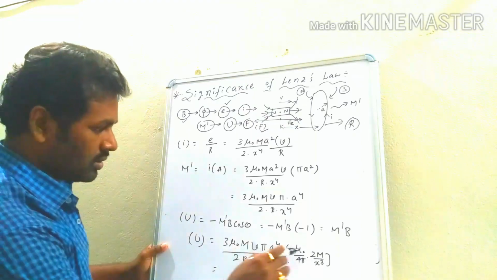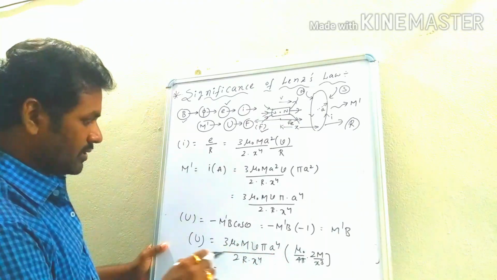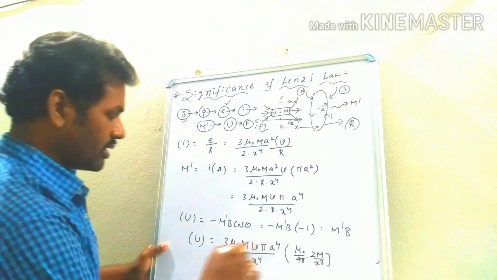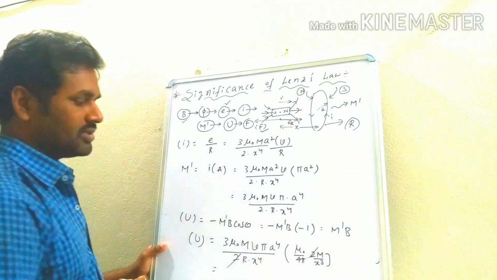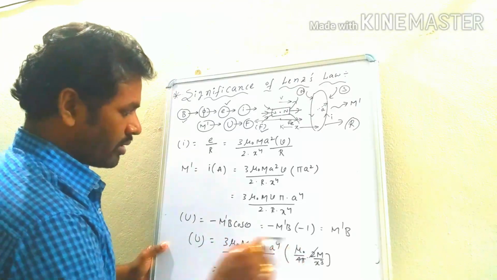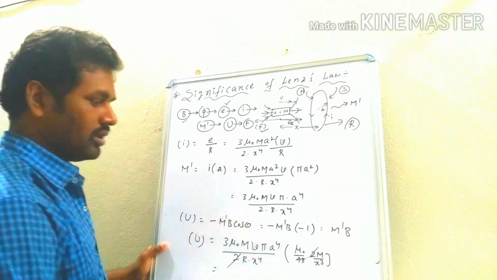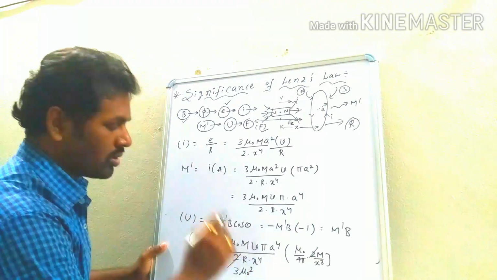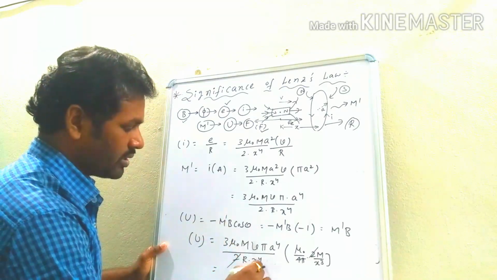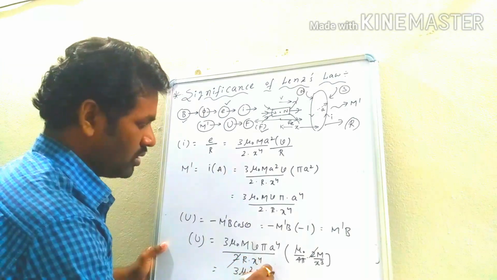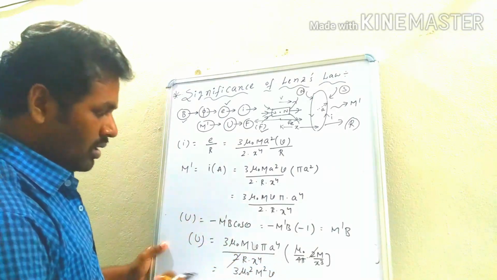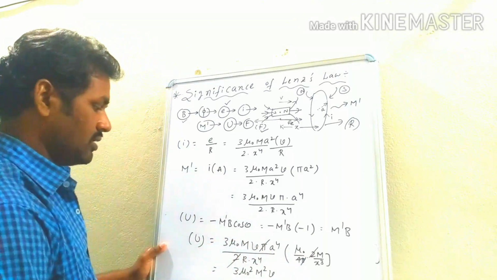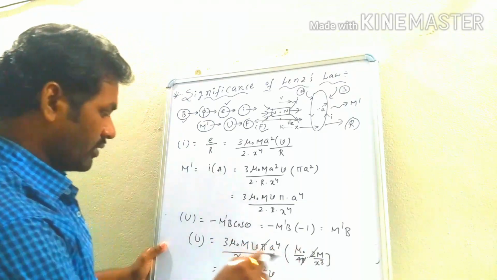You write here. So what I can take here, 3 2, 6, and 2 get cancelled here. 2 get cancelled, and m into m square, and mu naught into mu naught. So we can write mu naught square. So 3 into mu naught square, and we can take here m square into velocity, and next one is pi, 1 get cancelled, and above everything is known.